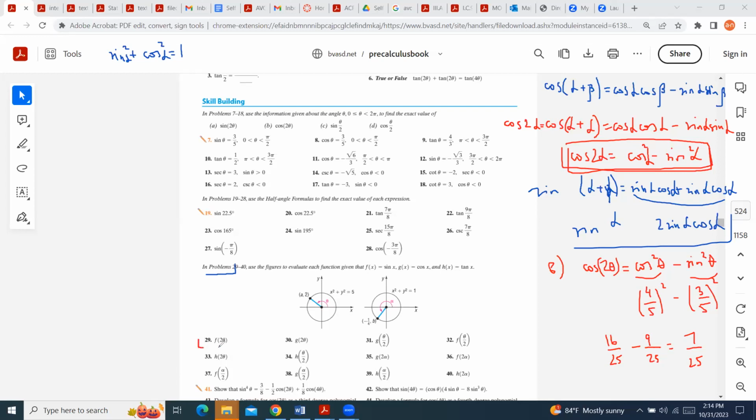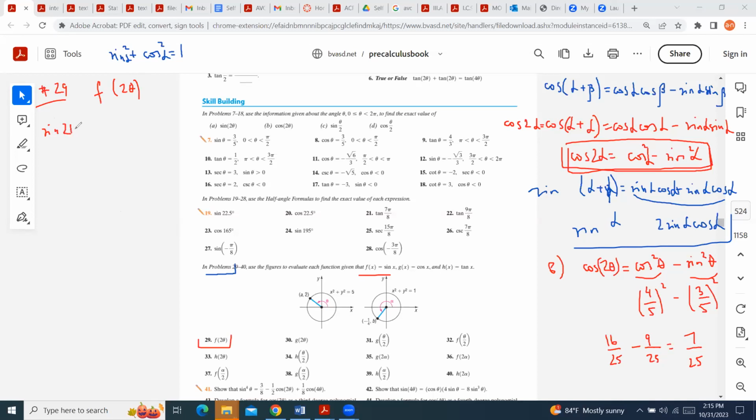So I wanted to look at exercise 29, just to show you that now all problems are going to be pretty much the same. It says find, they decided to use function f of 2 theta, okay, and they say that function f is a sine. So it's actually 29, so they say sine of 2 theta.